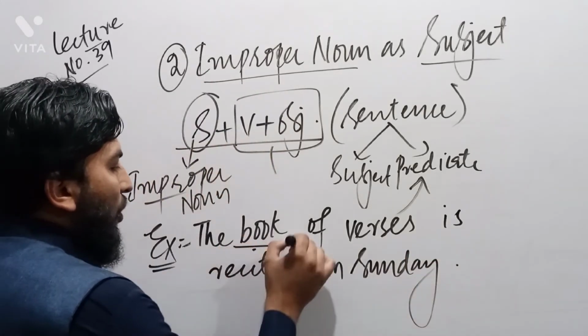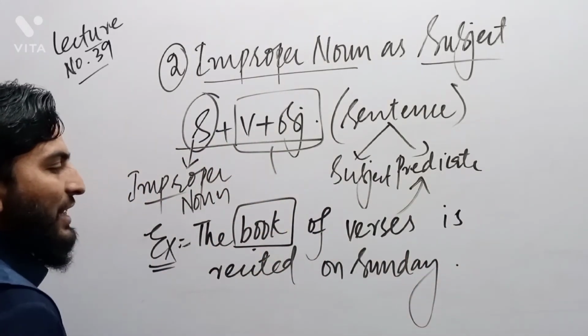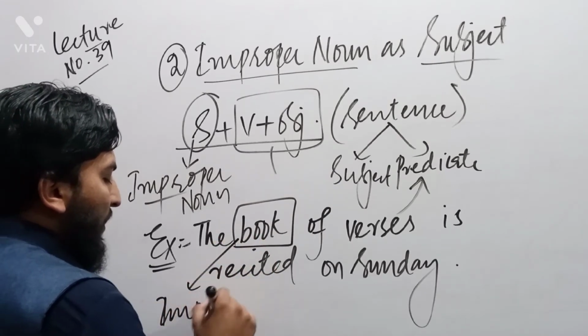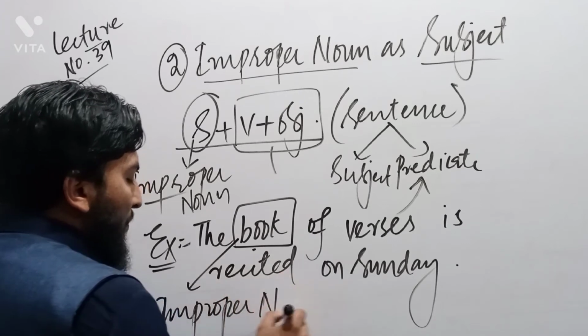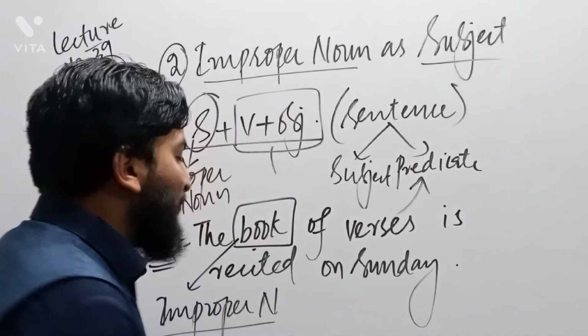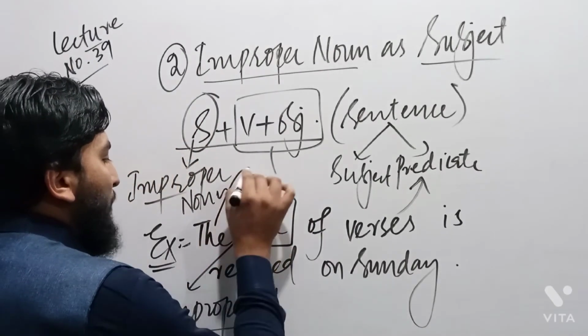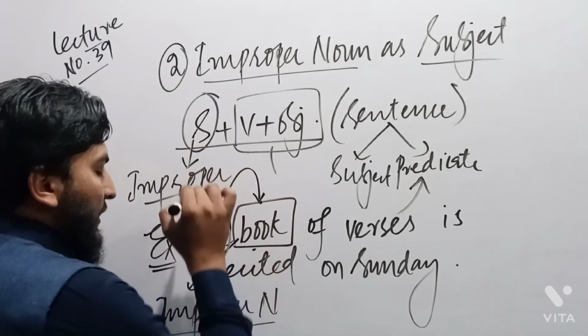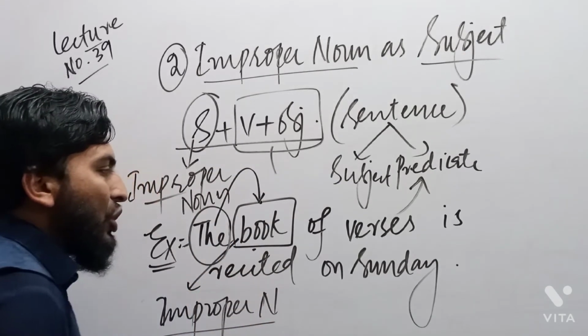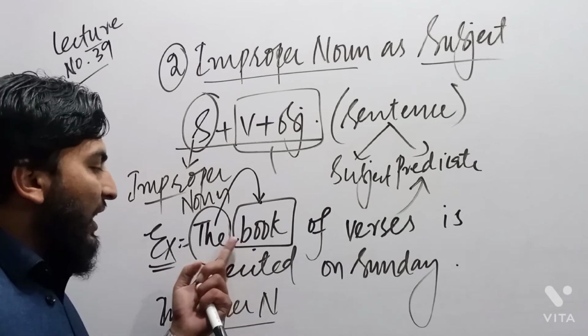It means the book of verses is recited on Sunday. This word book is actually called an improper noun. But this improper noun, or that very example which I gave you about city, these words become particular with the help of the. It means it is an improper noun which is used here as subject.